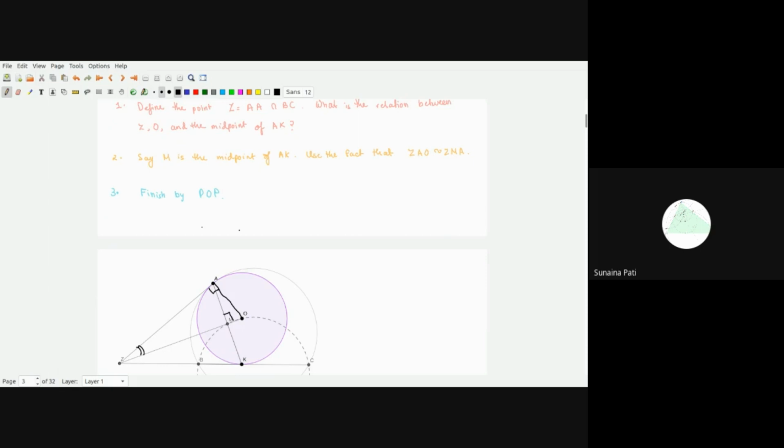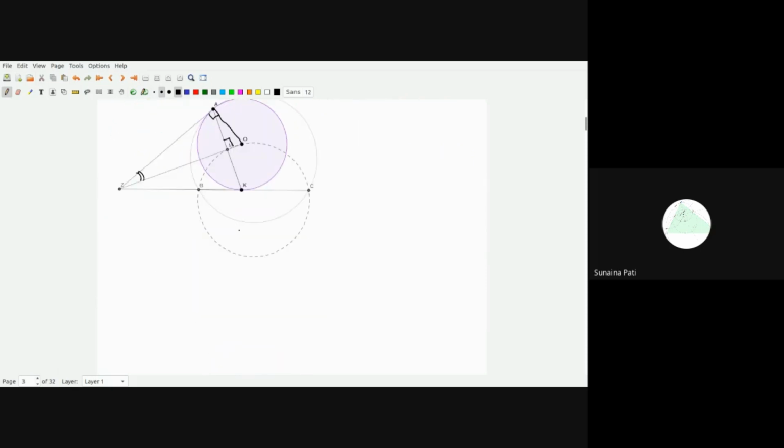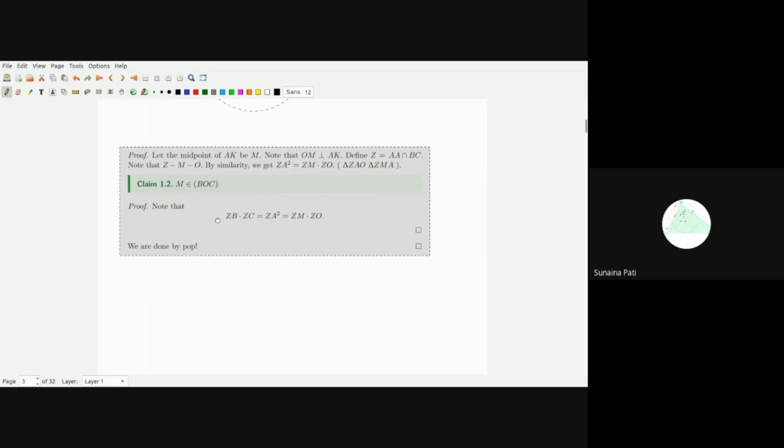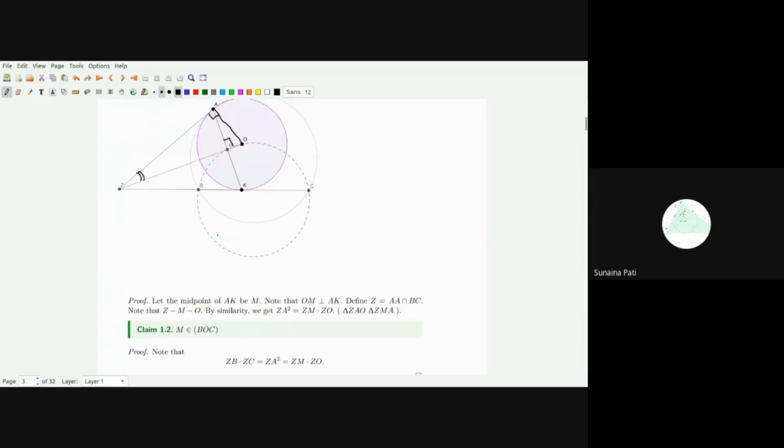If anybody wants to see the finish by POP, let me paste the solution over here. Exactly what Anurag said: ZB into ZC is equal to ZA squared, because ABC is the circumcircle.